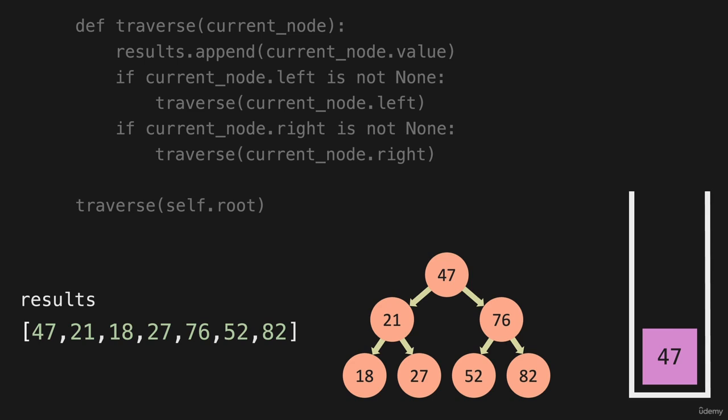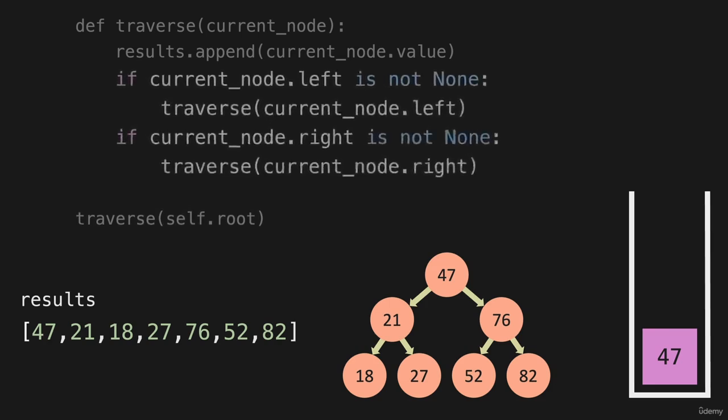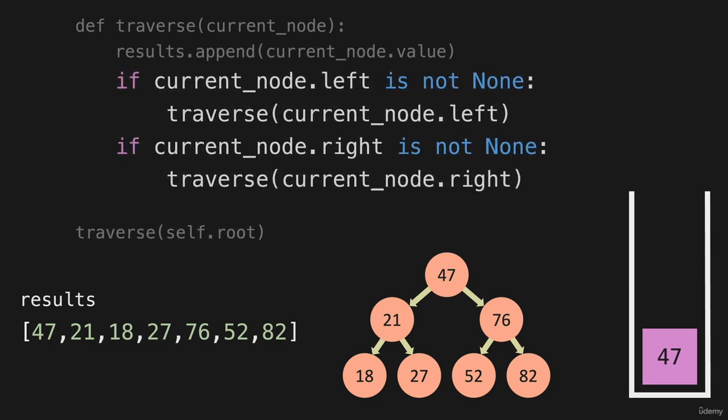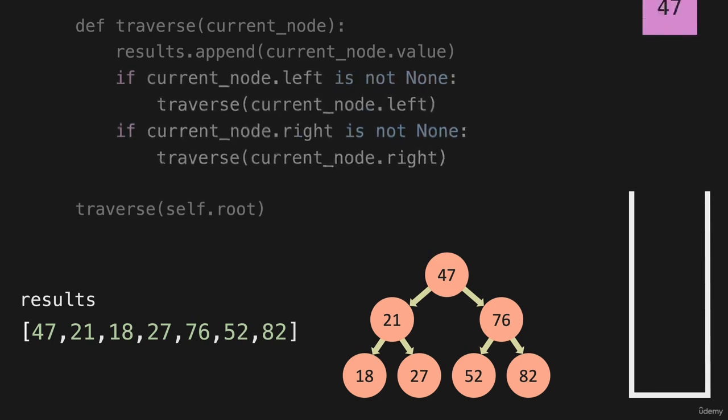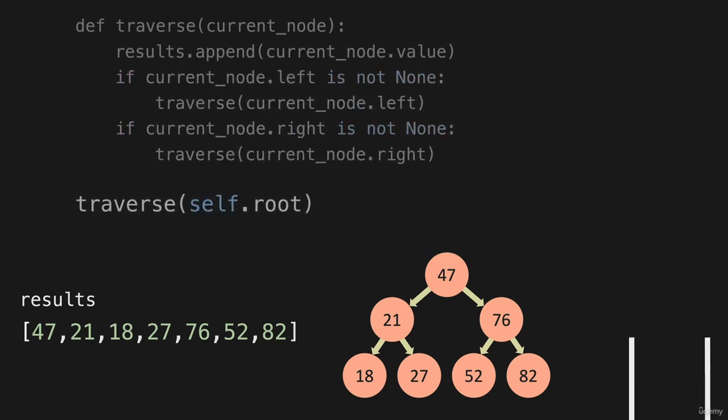And the 47 was the first item on the call stack. It'll be the last one off. It has gone left. It has gone right. So now we can pop that off the call stack like that. And that was the original function call when we said traverse self.root. That was with the number 47.